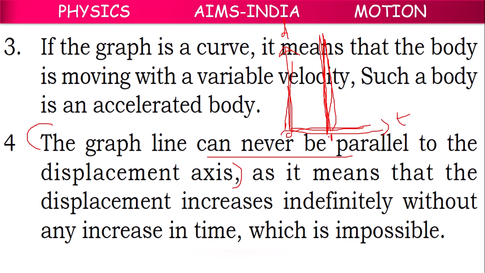Suppose at 1 second, displacement is 2 meters, 4 meters, 6 meters, 8 meters, 10 meters. Without any change of time, the displacement will increase continuously. This can never happen. Without an increase of time, the displacement can never increase indefinitely.